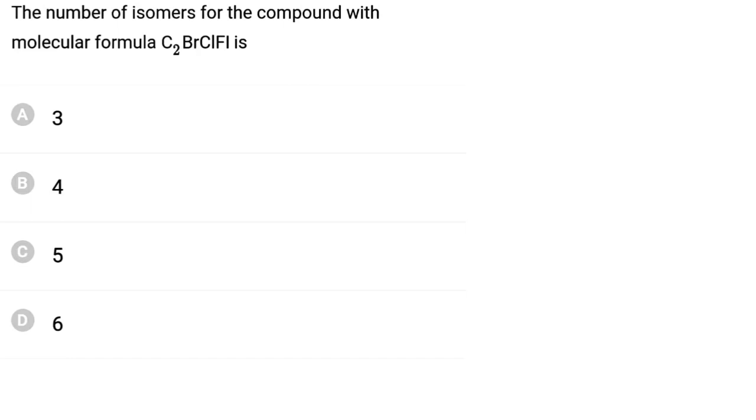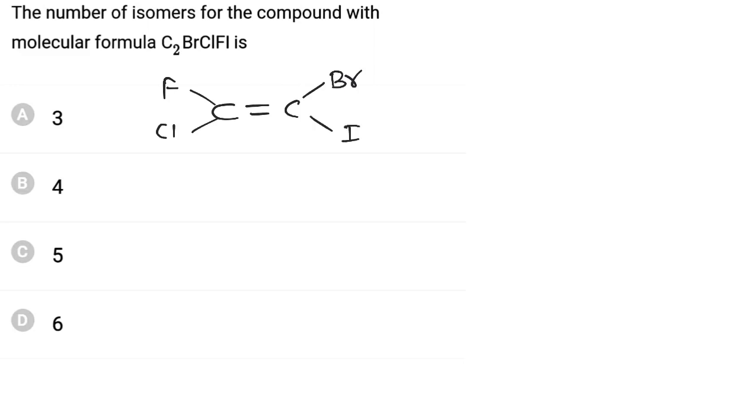In this question we have to find the total number of products with molecular formula C2BrClFI. Now for C2BrClFI, if F and Cl are both attached to the same carbon, then this structure is formed.